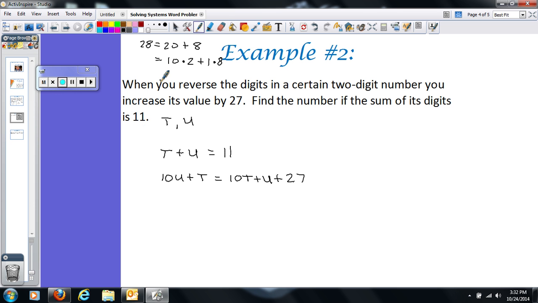Okay, and I get the 10t plus u from right here. 10t plus, this would be the units digit, u. So now I'm going to simplify the second equation. So I am going to subtract 10t and subtract u from both sides.